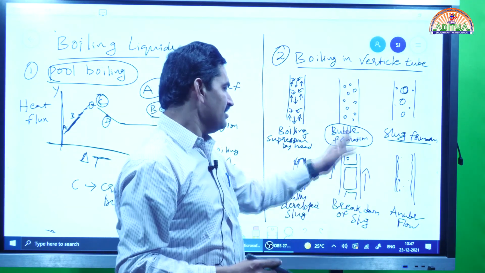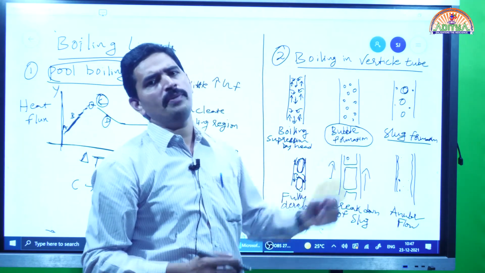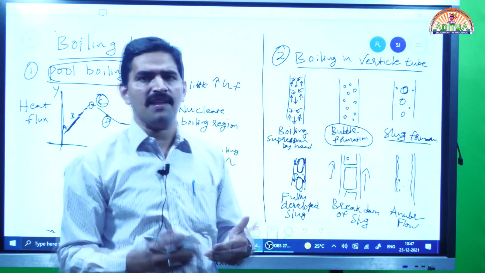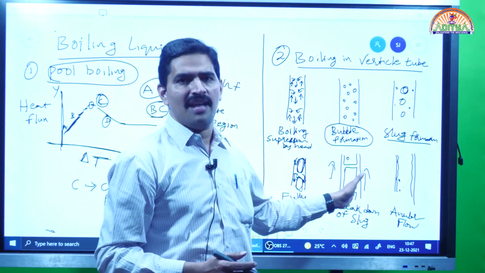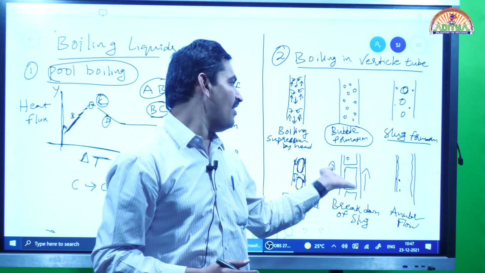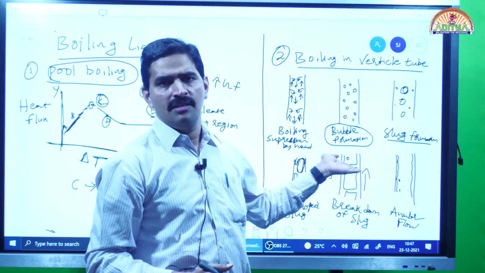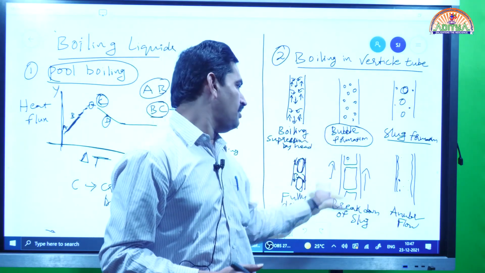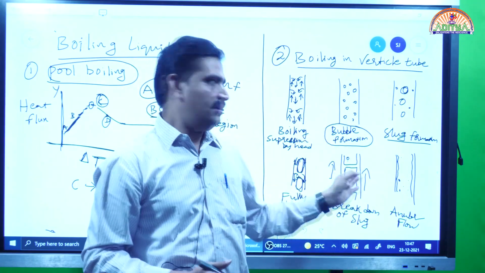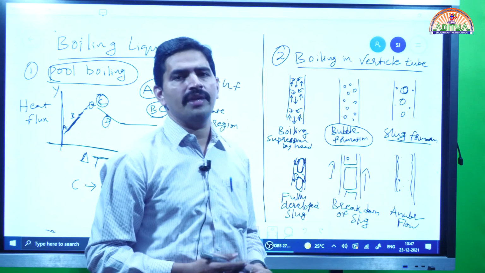Why is it carried like that? The vapor pressure within the slug is going to be increased. The vapor pressure is going to drag up the slug through the vertical tube. In such a way it is going to happen.